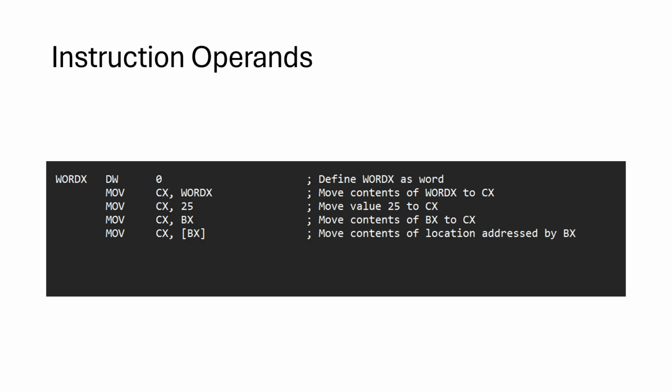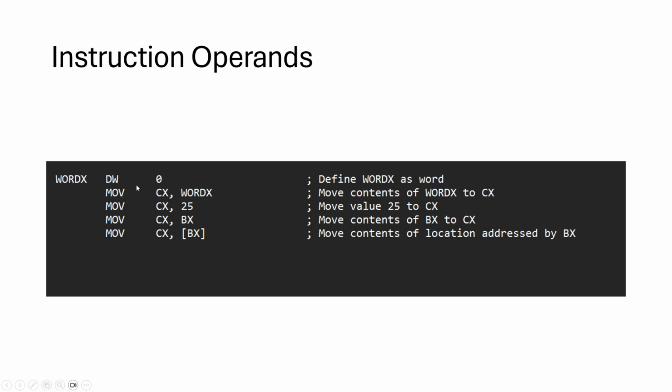Let's have a look at this using an example that we have here. In the first line that we see, the first move transfers the data between the memory and a register. In this we are defining word X as a word, and we are saving 0 in it.